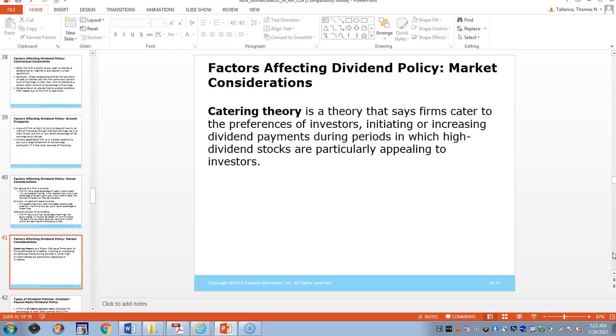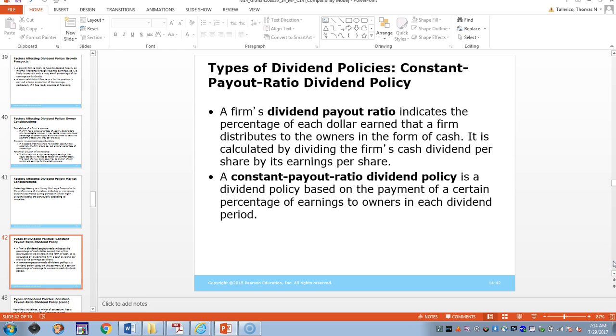All right, so there's more on dividend policy theories here, and there's a catering theory. These you can just read. If you have any questions, email me about these different theories. And there's a ratio that you probably would have seen if you were in 330 when I did all the ratios, or another professor did the ratios.